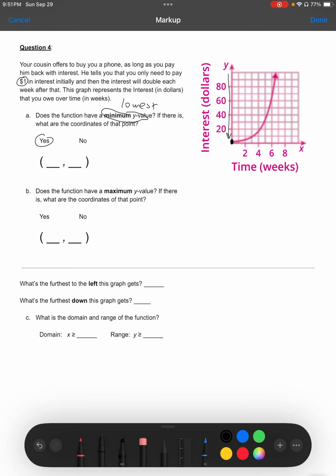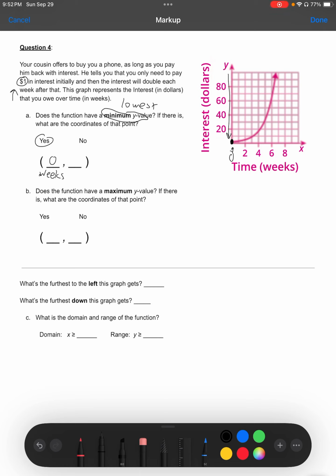What that point is, we can see that it is at 0 along the x-axis. That would be 0 weeks. So right when you buy the phone, 0 weeks after you buy the phone, it looks like it might be at $0 interest, but using the context of the problem, you start at $1 interest.